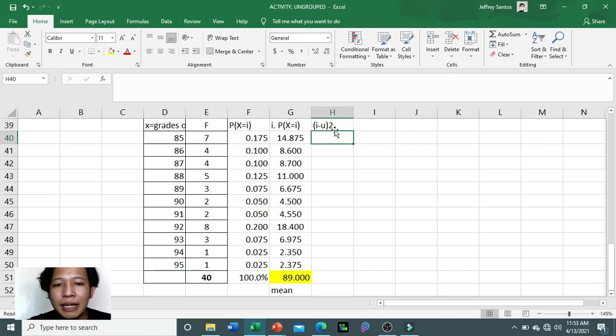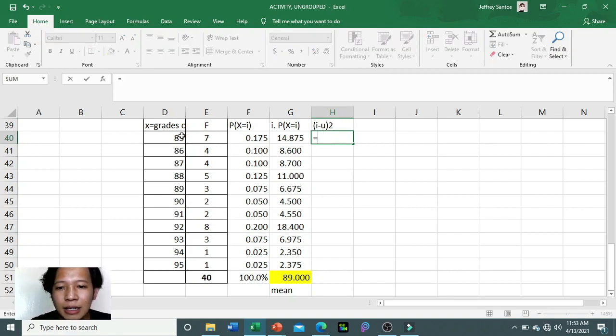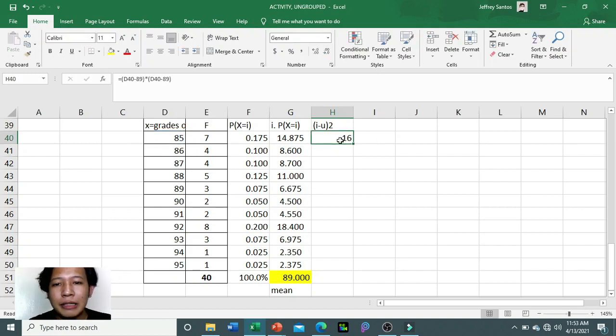What is i? The first i is this one, minus our mean, which is 89, and then we multiply it by itself. So our first squared difference is 16.